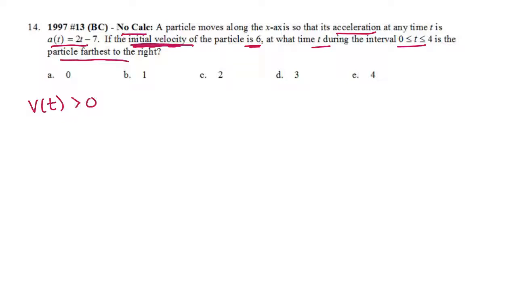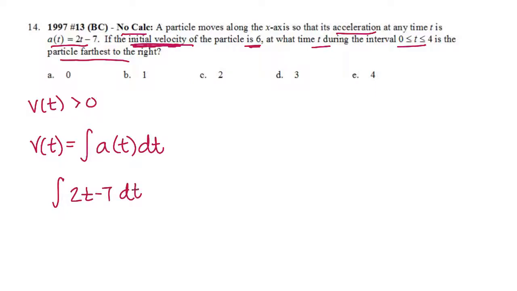So we can set up an integration problem here. We know v of t is the integral of a of t. And so if we integrate this, then we're going to have the integral of 2t minus 7. And so that's going to give us t squared minus 7t plus c. That's going to give us our velocity function.